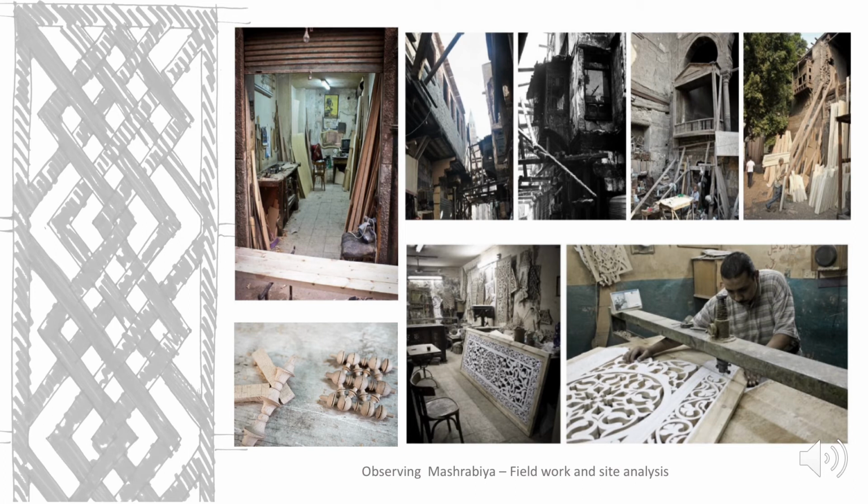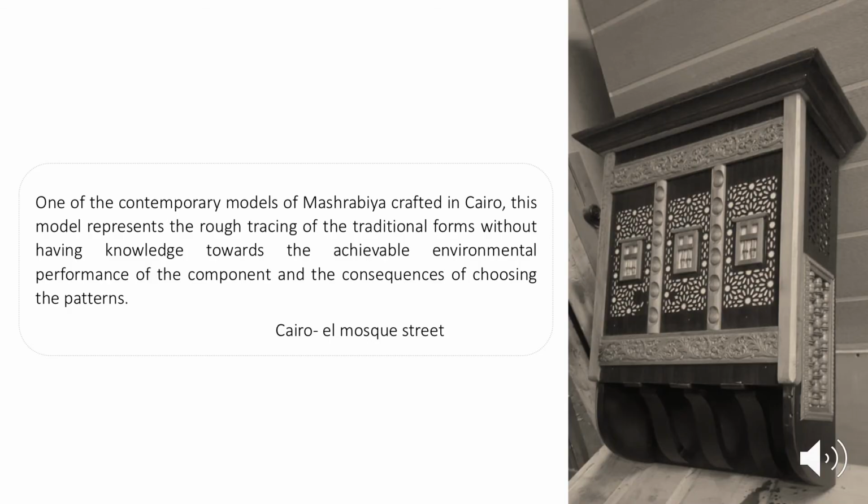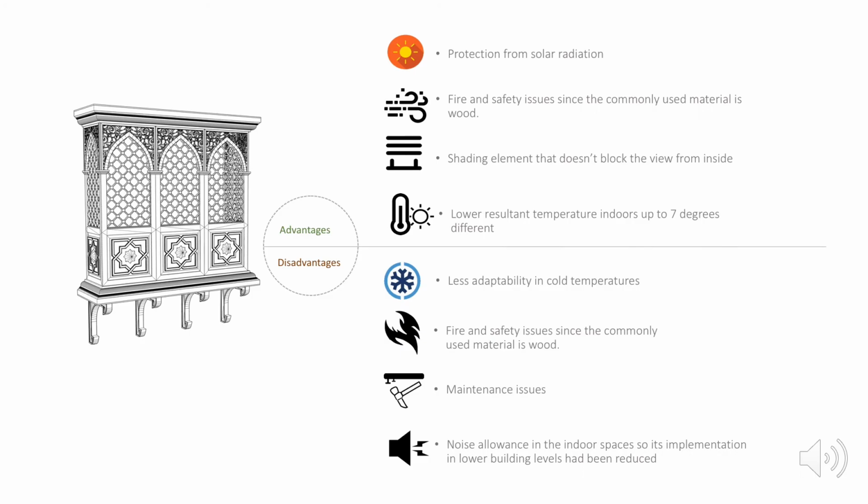What are the standards they follow, and what precautions do they follow in renewing the old ones? The craftsmen also helped us to create a new model that we took with us and tested under different environmental parameters. The field work helped us to understand the disadvantages of Mashrabiya, like noise allowance, maintenance problems, as well as fire and safety issues.